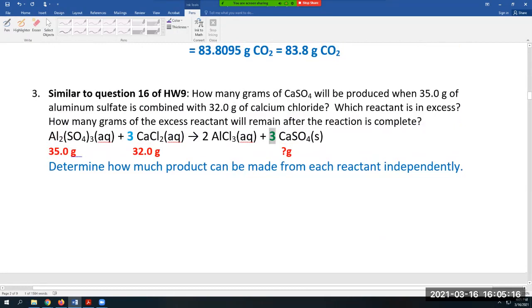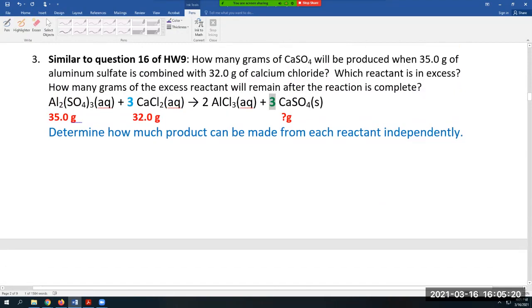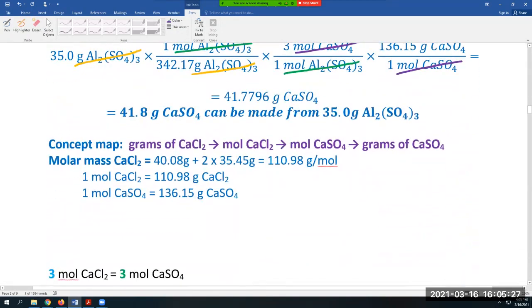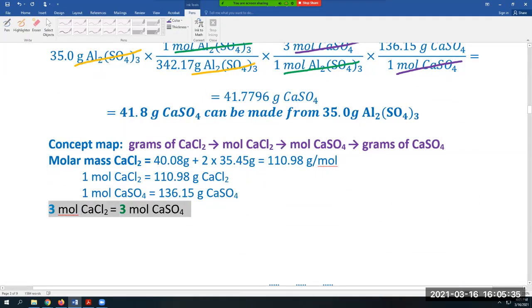You do not convert them to 1s. This is not proper, and we need to understand where it comes from. So when you want to show your work, you keep the 3s. That means it will be written as 3 moles of CaCl2 is equal to 3 moles of CaSO4, right? You want to keep the 3 to show where this comes from. It comes from the balanced chemical equation.